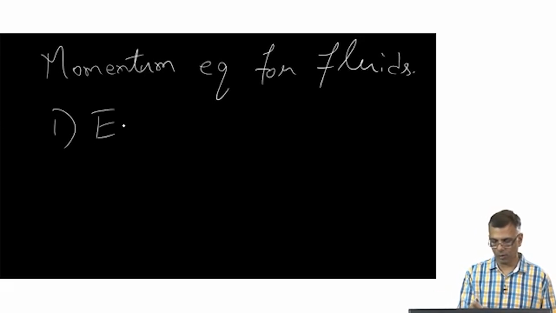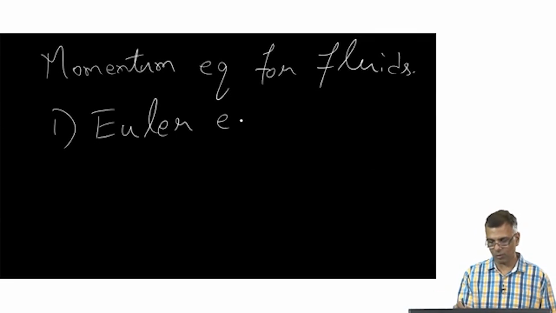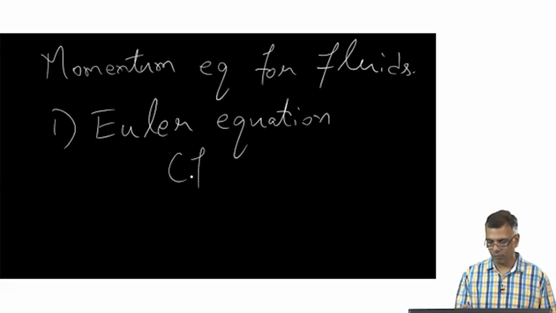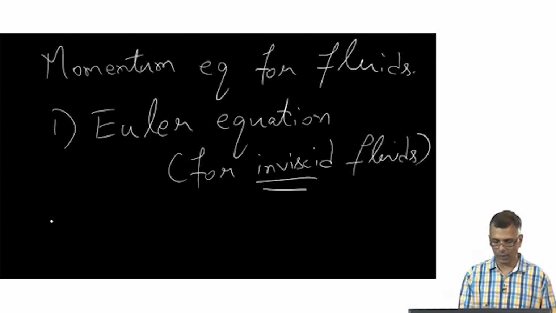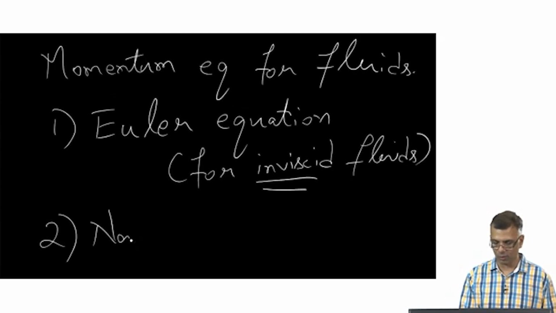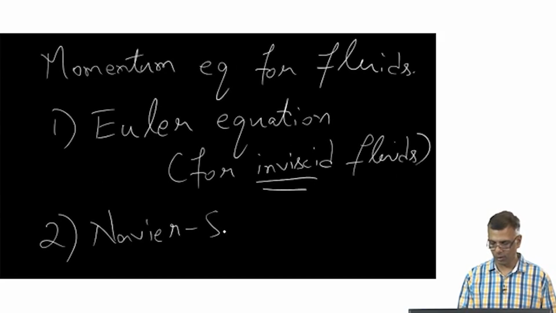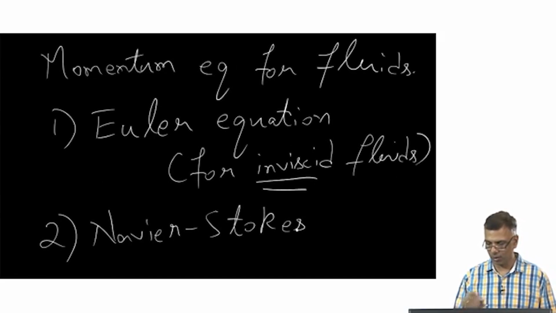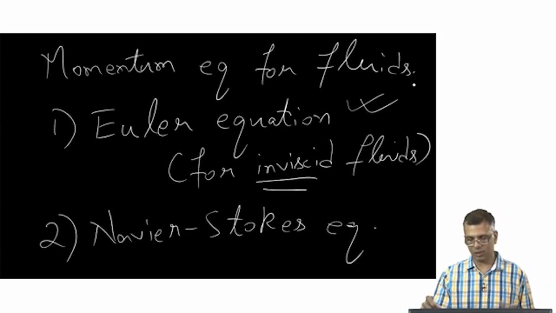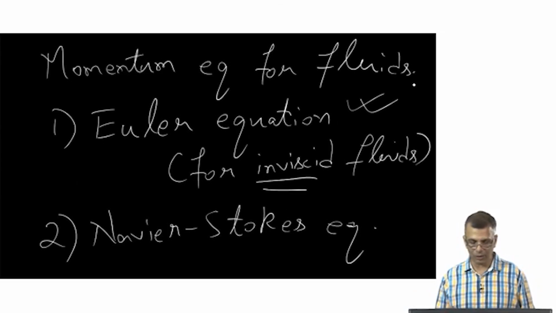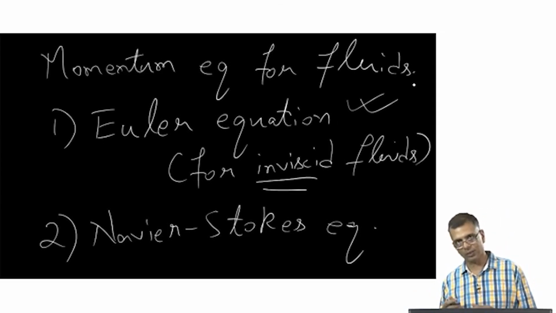Before formally writing down the momentum equation, there are two guises of the momentum equation for fluids. One is for inviscid fluids, in other words, fluids for which the viscosity is technically 0, and the other one is the Navier-Stokes equation. They are both the momentum equation, except that it is simply called the Euler equation when viscosity is not included, and the Navier-Stokes equation when viscosity is included.